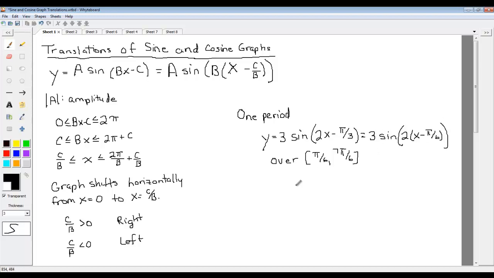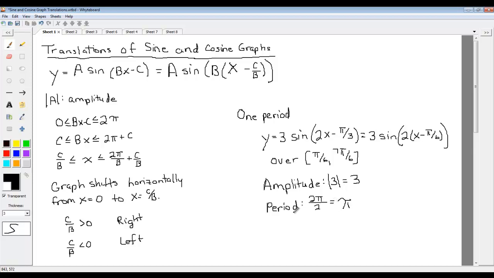This one's going to have an amplitude of 3, so we're going to have a vertical stretch by a factor of 3, because the absolute value of a is 3. The period is still 2 pi over b, so 2 pi over 2, which is going to give us pi.